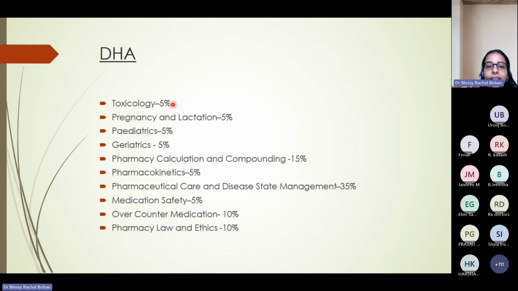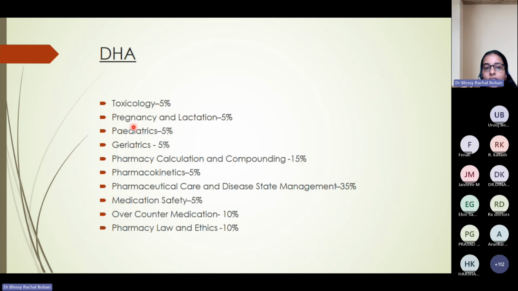And you can see here, I have given a brief picturization of the score distributions, but it actually depends on the set of examination papers which you receive. Many times it won't adhere to the exact percentage that we describe here. So every time personally, I recommend all of you to be good with the concepts of pharmacological subjects rather than depending on the actual percentage distribution of these domains.